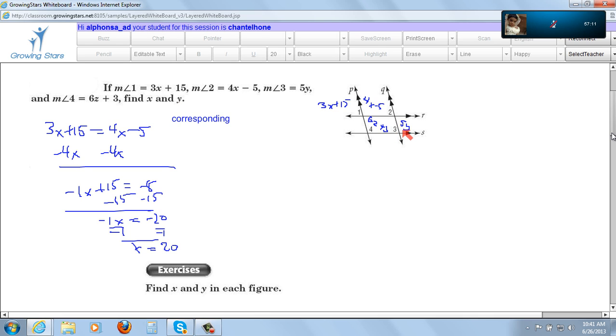Can you find the value of angle 2 and angle 1 by substituting the value of x?